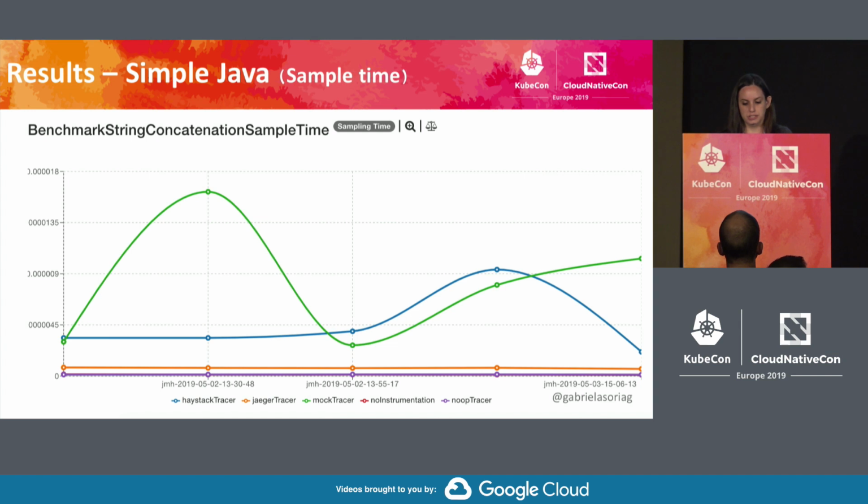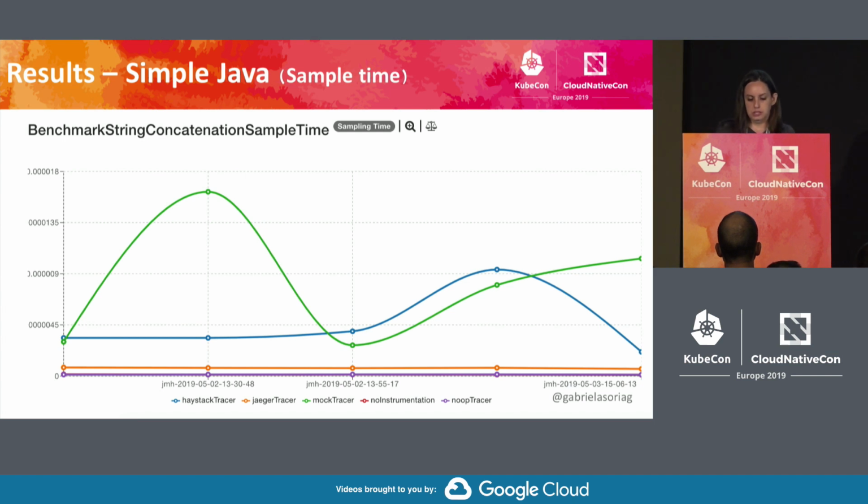So for this and the other scenarios, we will compare the non-instrumentation with Jaeger tracer. We also tested Haystack tracer, but just as a reference point. You can see it in the blue line here.